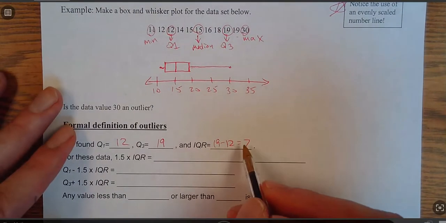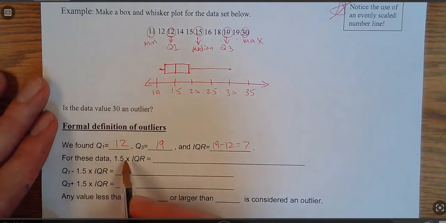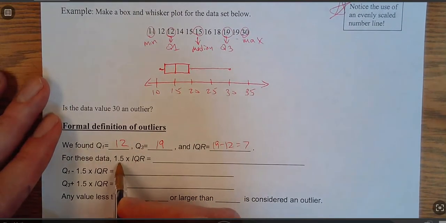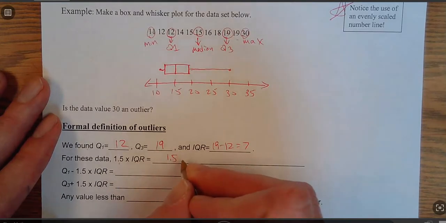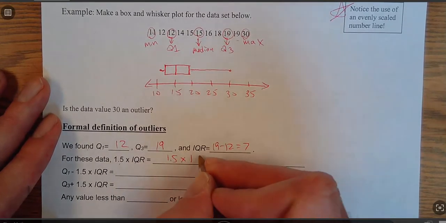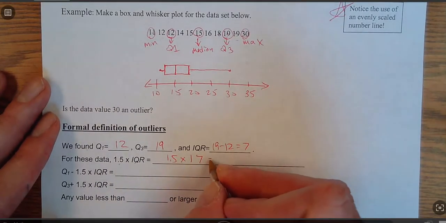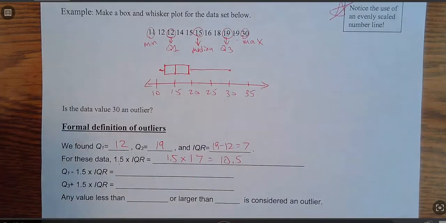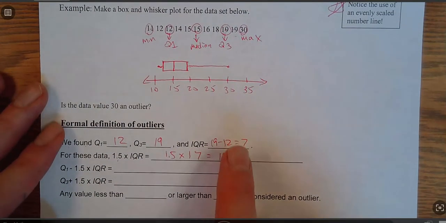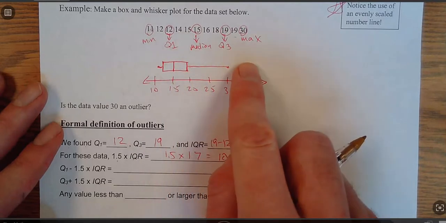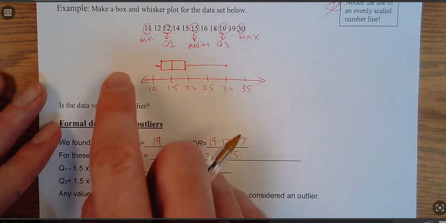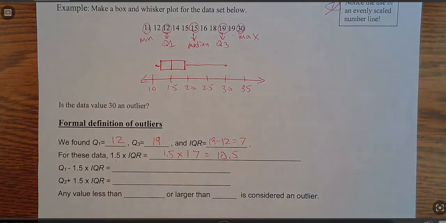How do we find this, then? With an IQR of 7, I'm going to take 1.5 times the IQR, which is 1.5 times 7, and this equals 10.5. Now I'm allowed to go 10.5 above Q3 and 10.5 below Q1 and still be considered a normal data point, not an outlier.